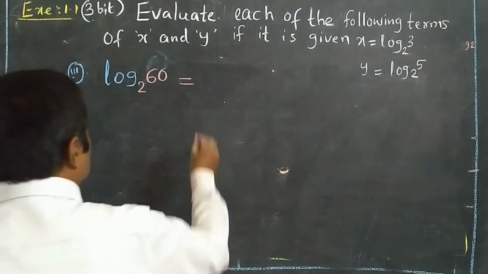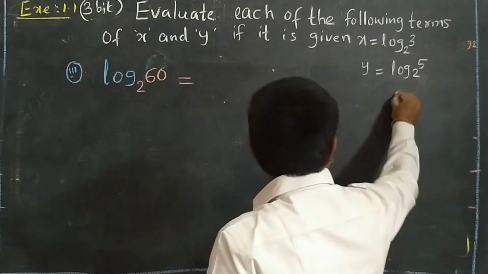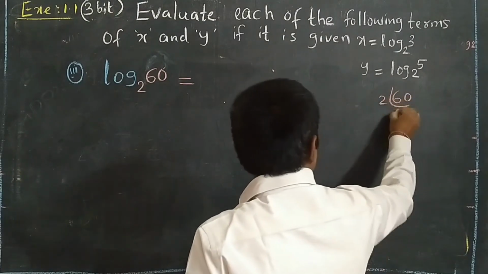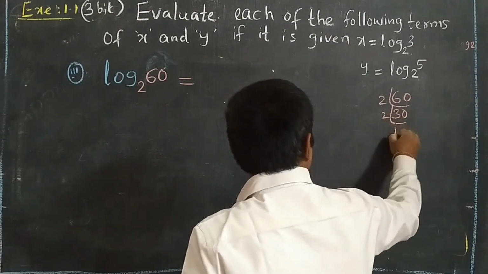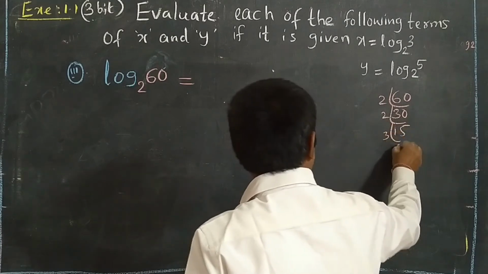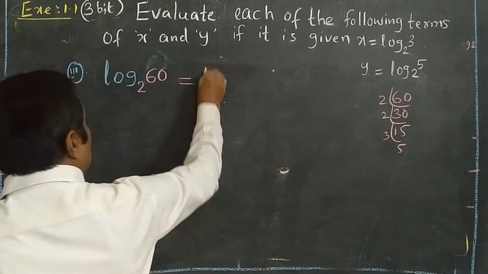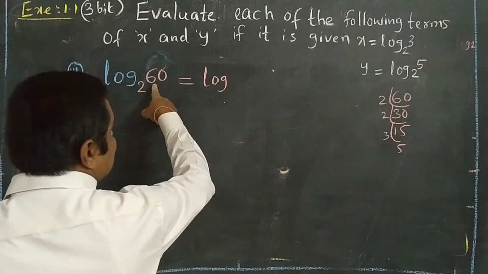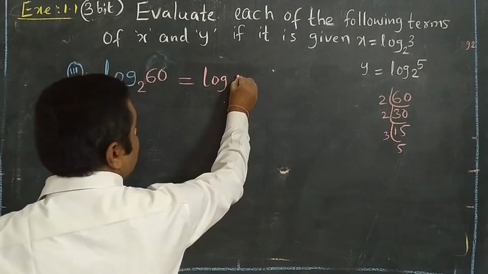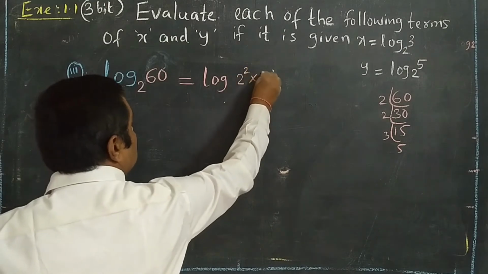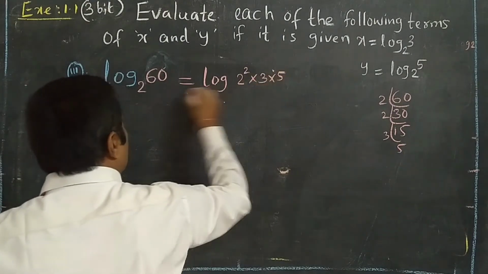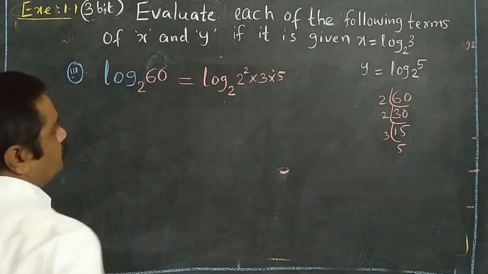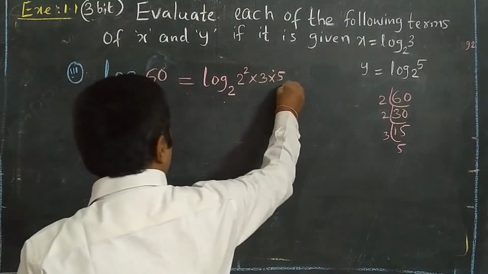How to write 60? We have to do the LCM. 2 30, 2 15, 3 5. Instead of 60, you have to write 2 square into 3 into 5, and here base is 2. And use the product formula.